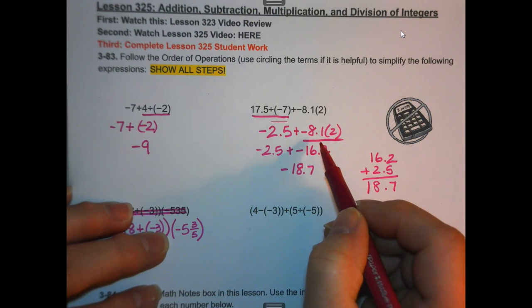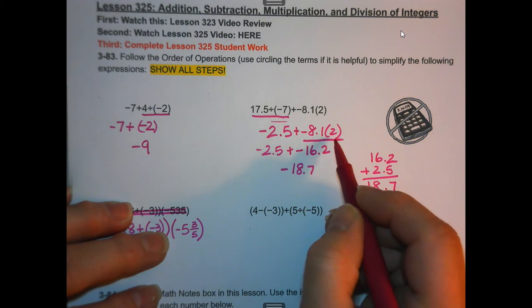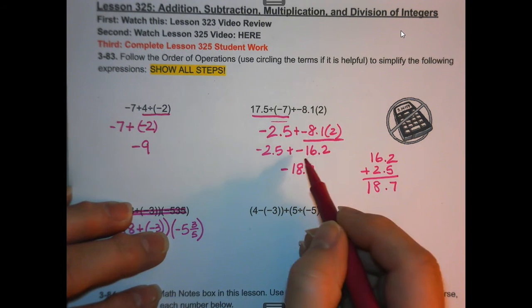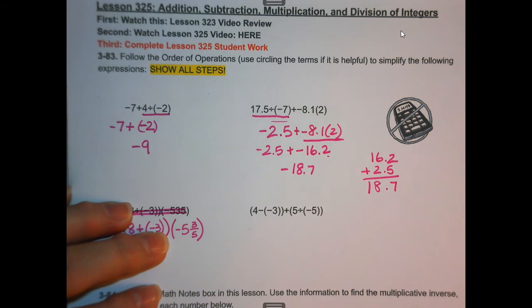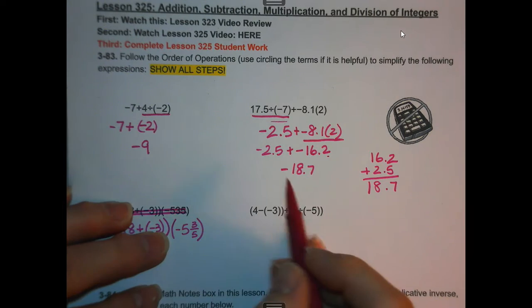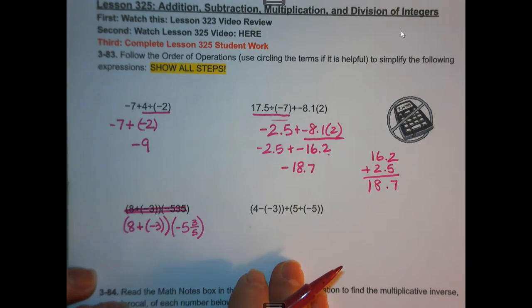This problem here, again, I had a negative and a positive multiplied together. I just brought that whole thing down, solved it here, and these are the two quantities that I combined to get 18 and 7/10. And it is a negative because they're both negative when I'm combining them.